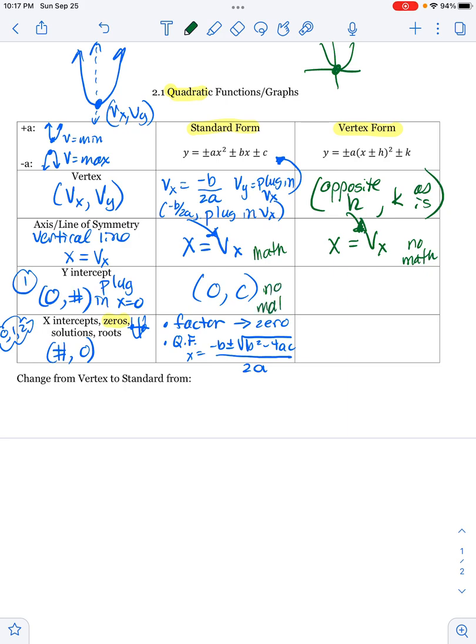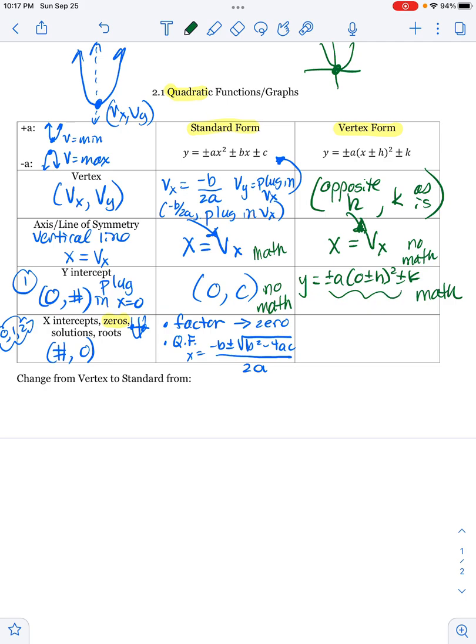I could just look at the c value, but here I'm going to have to math because I need to plug in a 0 for the x. So my y value will be whatever the a is, and then 0 plus or minus h squared plus or minus k. And then I'm going to have to math that.